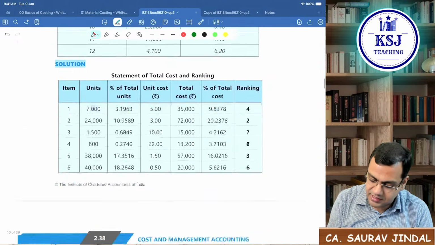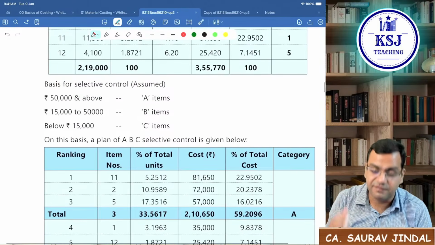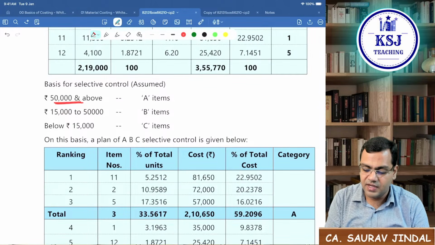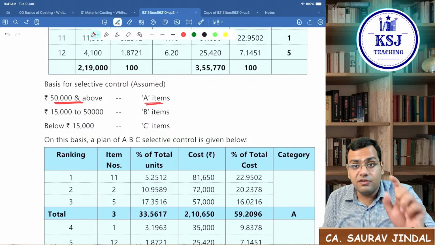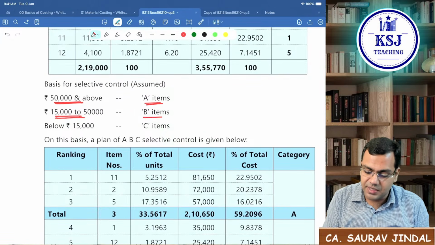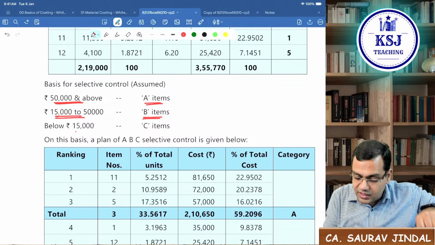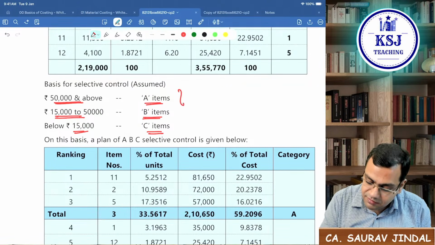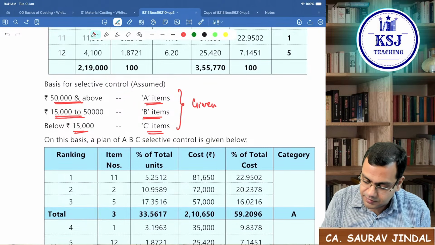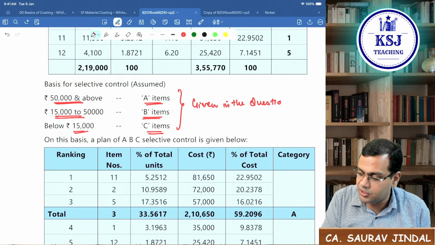In the solution, the basis they have taken is that if the value of the item is 50,000 and above, it's an A item. If the value is 15,000 to 50,000, it's a B category item. If it is below that, it's a C category item. This will definitely be given to you in the question.